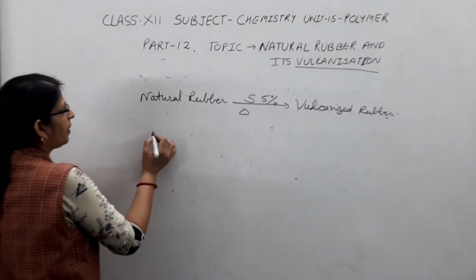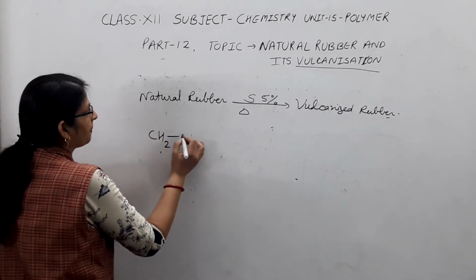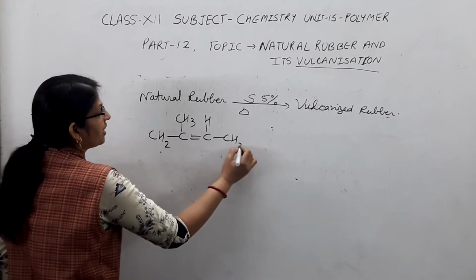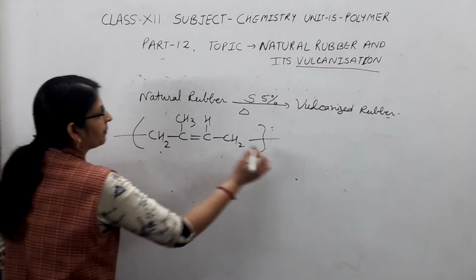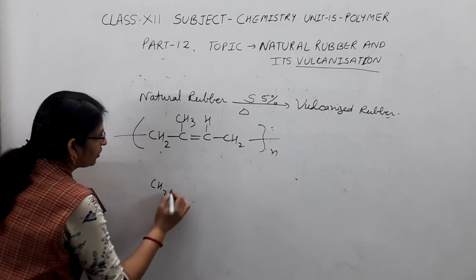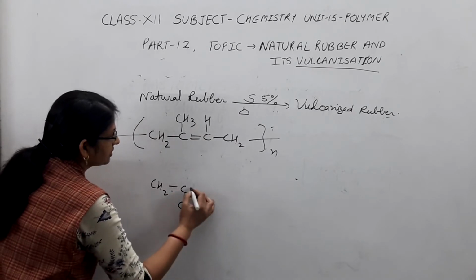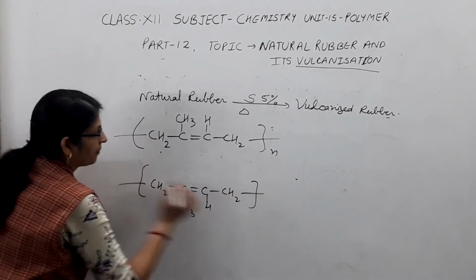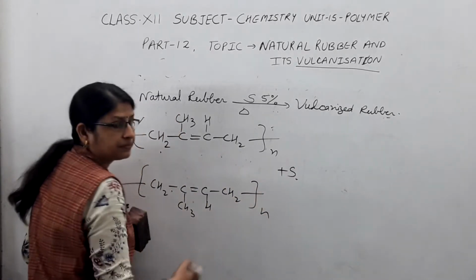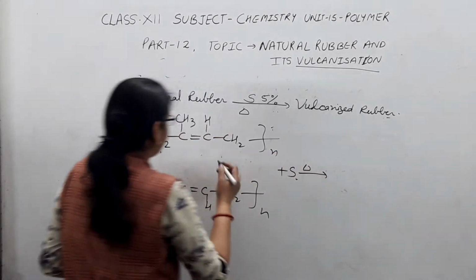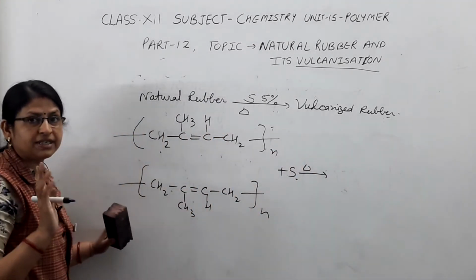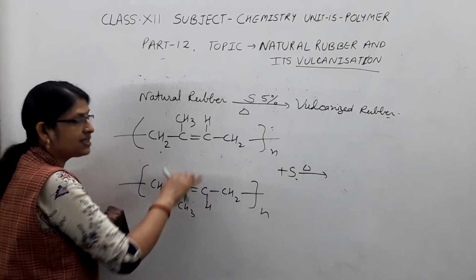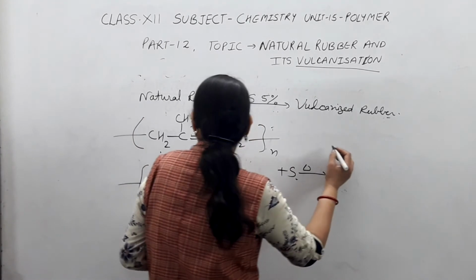How? Natural rubber is CH2, C, CH3, double bond CH, CH2; that is one unit. When we take 2 units of this, and add sulfur and heat it, the double bonds of these 2 units break and convert to single bonds, and sulfur is attached at these positions like this.